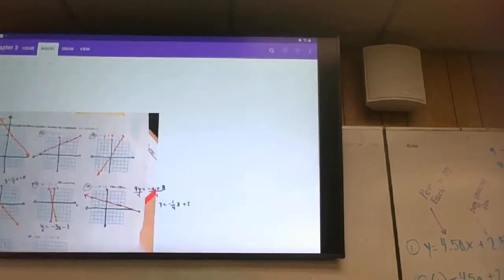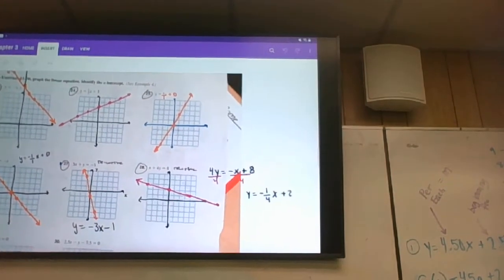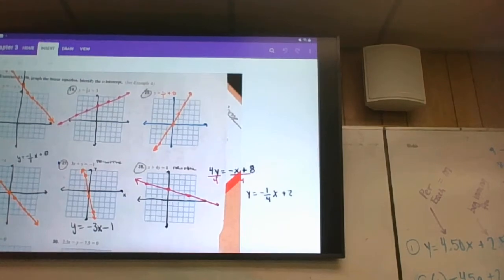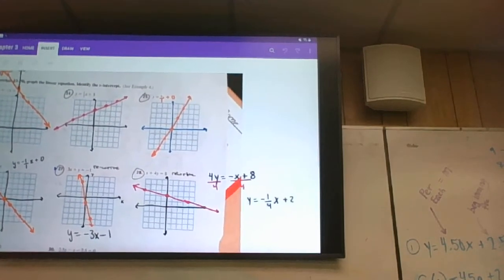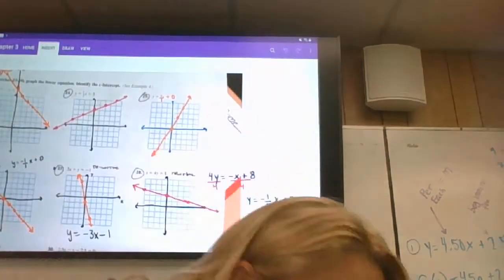This is blurry. I don't know why. But here's what your graph should look like.